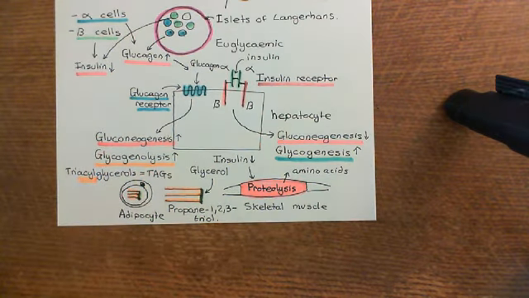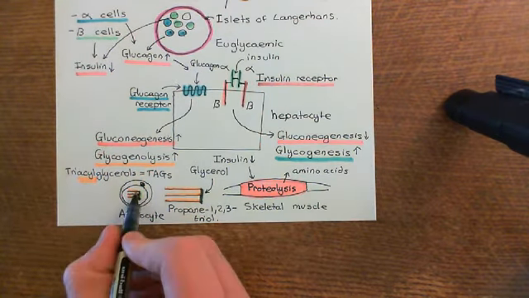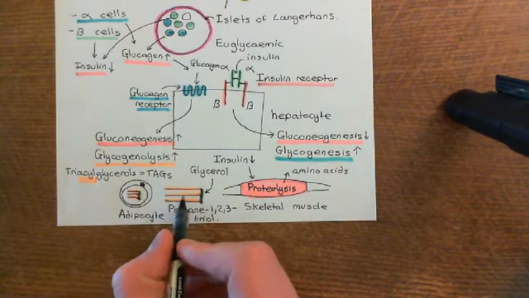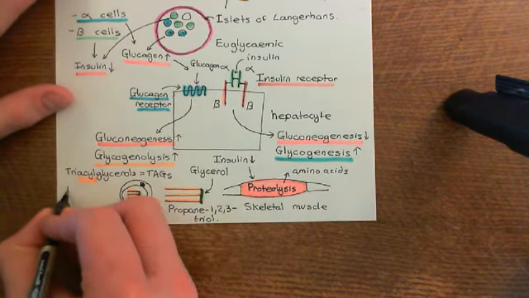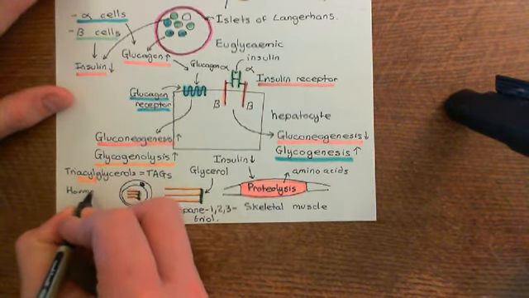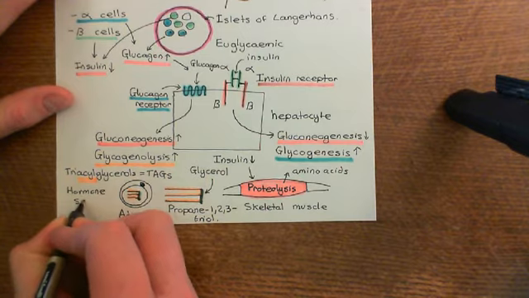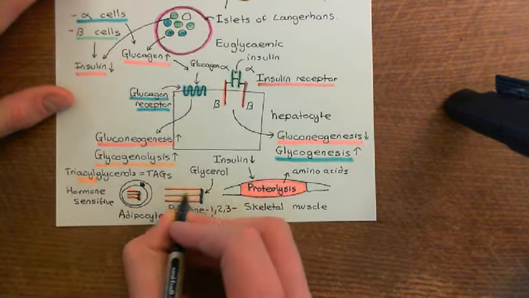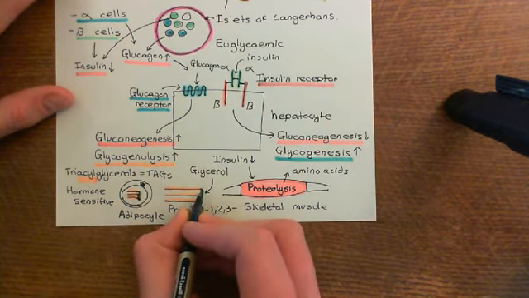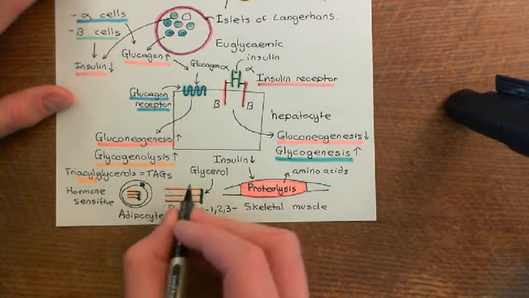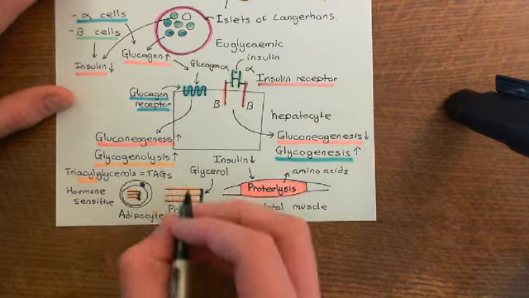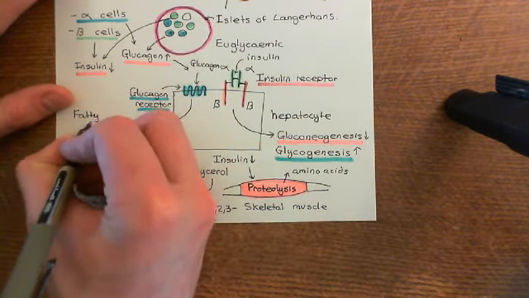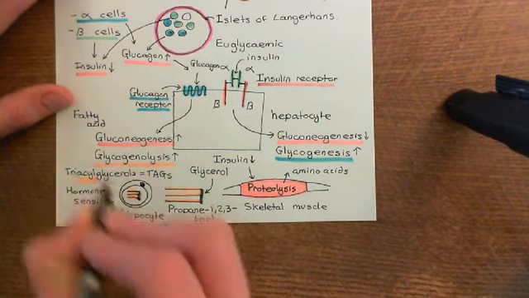Now triacylglycerols can be broken down to release the long chain carboxylic acids, and they're broken down by an enzyme known as hormone-sensitive lipase. Hormone-sensitive lipase will chop the bond between the long-chain carboxylic acid and the glycerol molecule, and therefore release the free fatty acids, which is another name for a long-chain carboxylic acid.